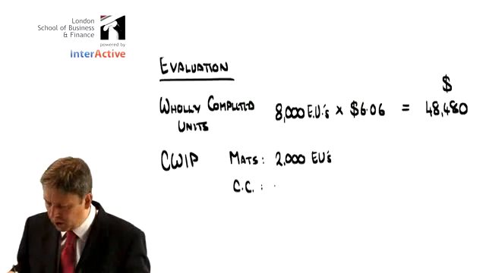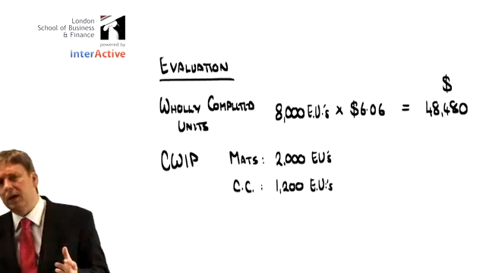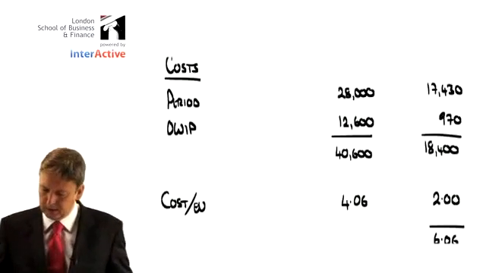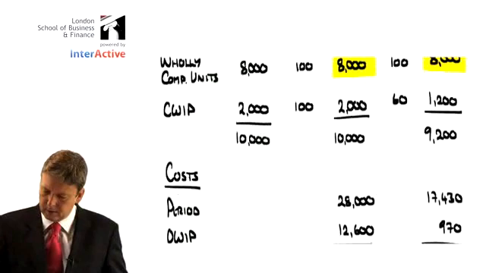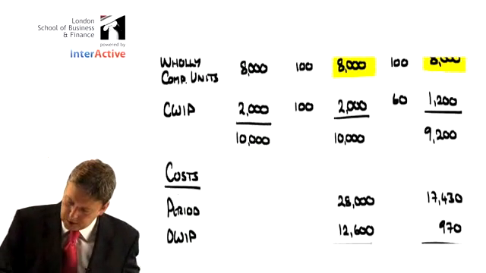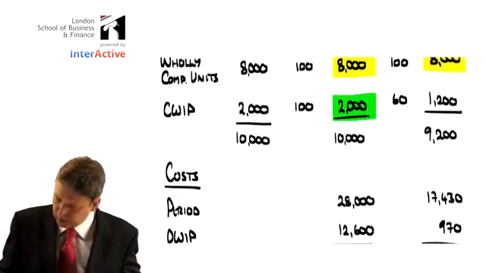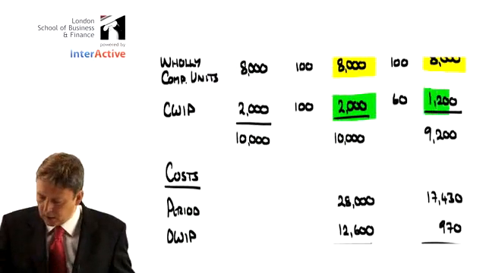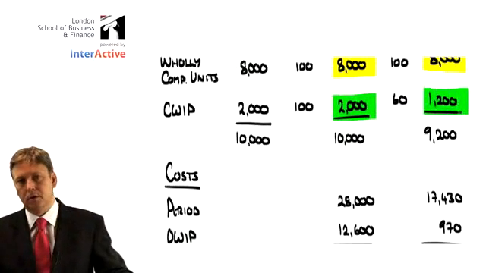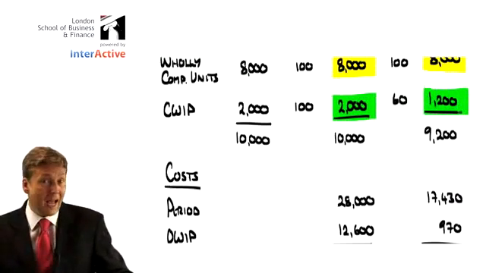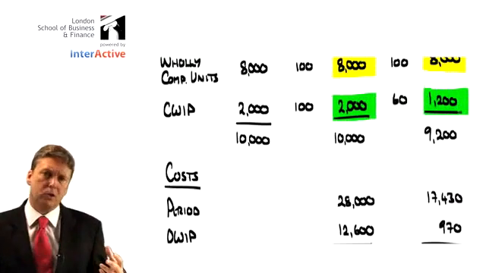If we look at conversion costs, we had 1,200 equivalent units. I can see you don't believe me. Let's just check back. If we were to look at CWIP, 2,000 equivalent units and 1,200. All we want to do now is to multiply those by the cost per unit.